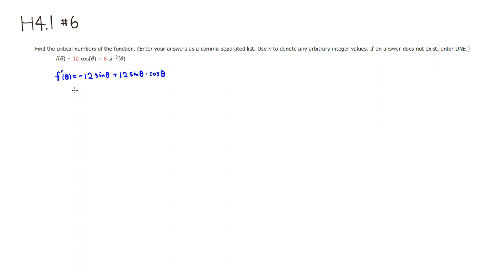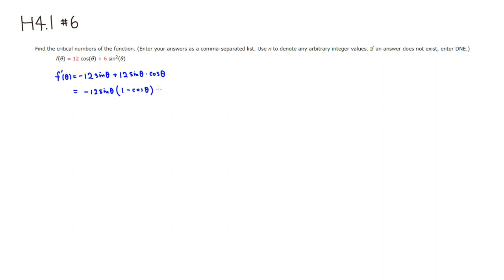Then conveniently, I'm going to pull out the negative 12 sine theta. If you pull out the negative 12 sine theta from itself, you get 1. So the 12 is pulled out, the sine is pulled out, the negative sign is pulled out, so it's a negative cosine of theta.